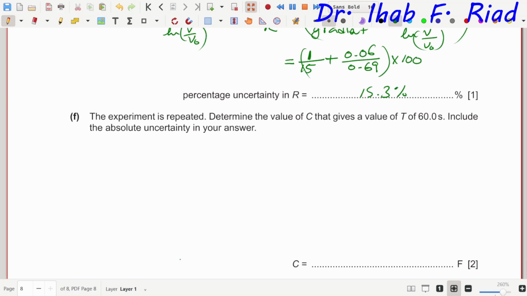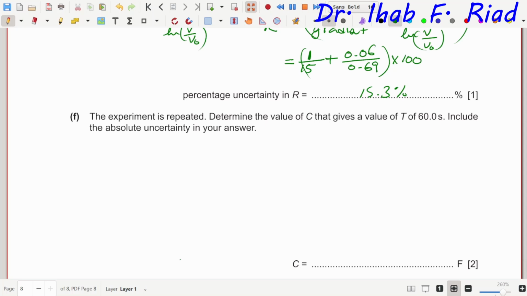So what do we have? The experiment is repeated. Determine the value of C that gives.